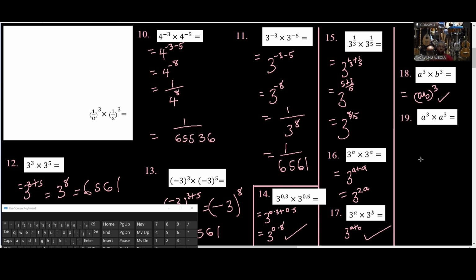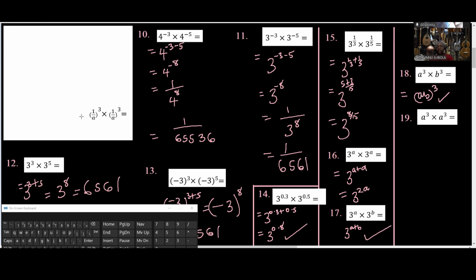If it is A and B with power 3 and 4, you add up the powers. Is that clear? Yes, sir. If it is A and A, rather, with 3 and 4, and the power on the power, you just add up. But if they are not the same, you leave it, you cannot multiply them, okay?